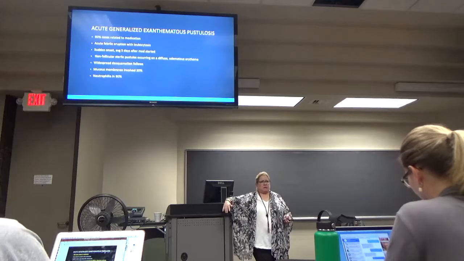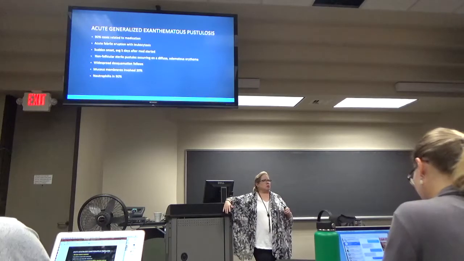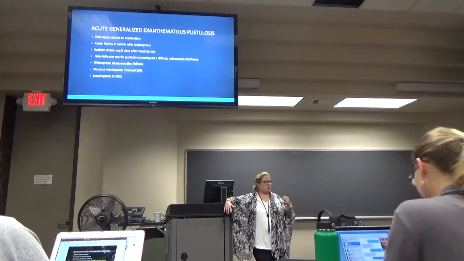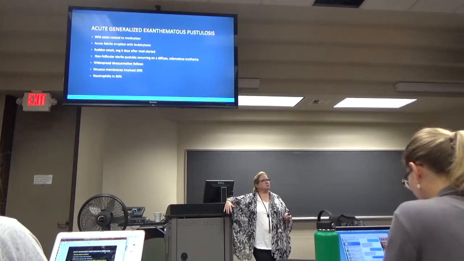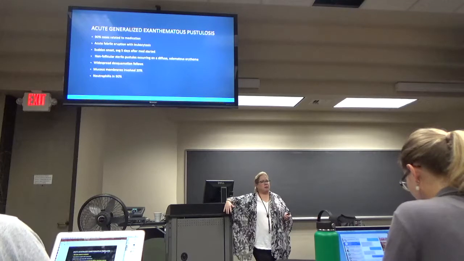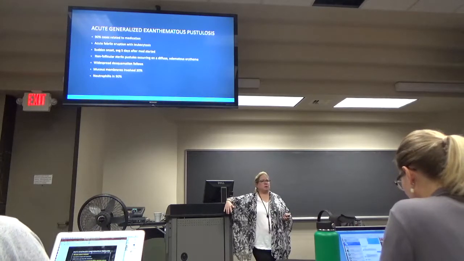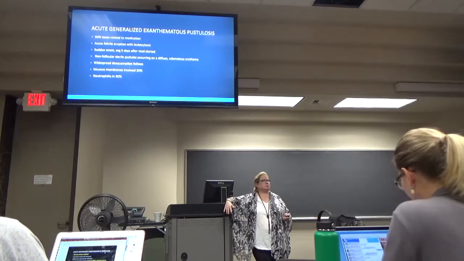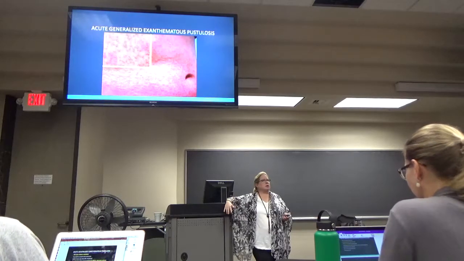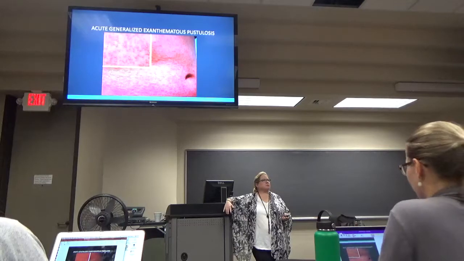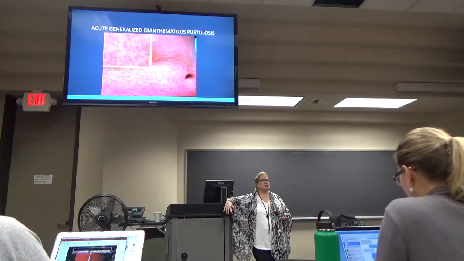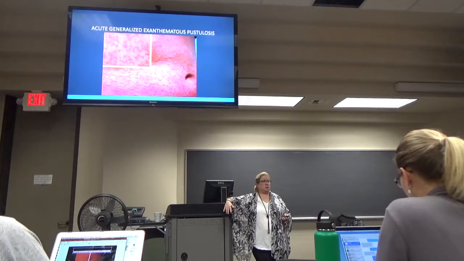About 20% of the time, you can get some mucous membrane involvement, either the groin or the mouth. And those white blood cells will be up in 90%. So that helps you make a diagnosis. And there you go. And those are pinpoint pustules, at least in this picture.